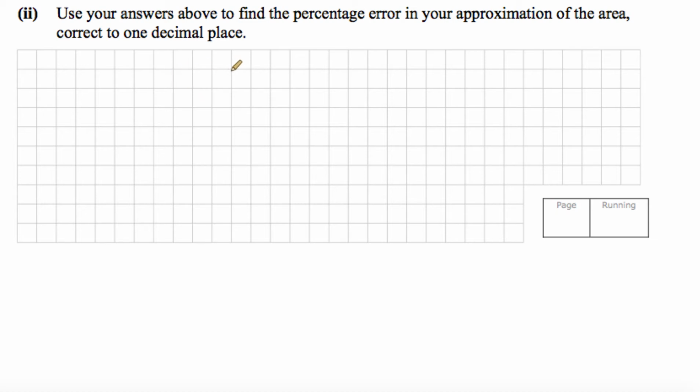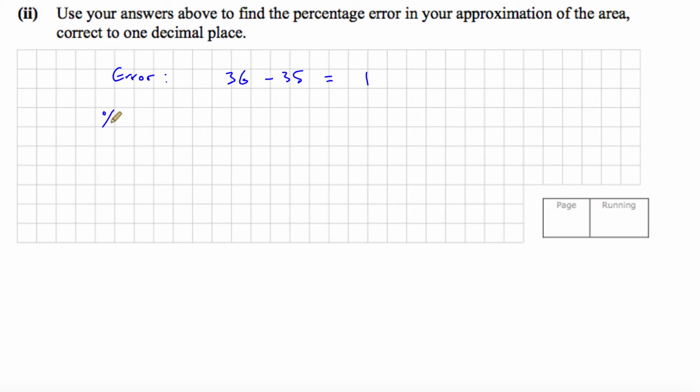Okay, well, because the exact area was 36 and our approximation was 35, our error then was 1 unit squared. So that's our error. However, they want the percentage error.